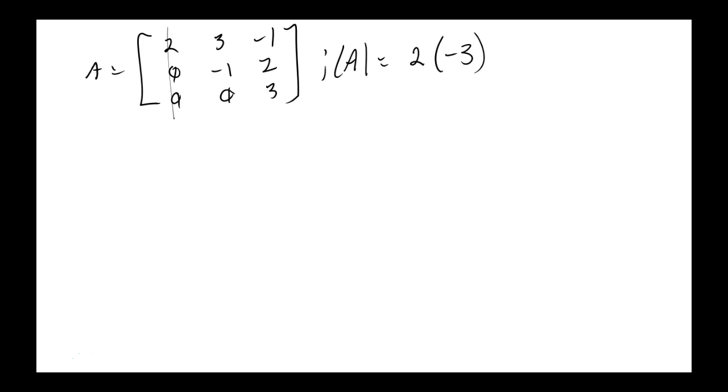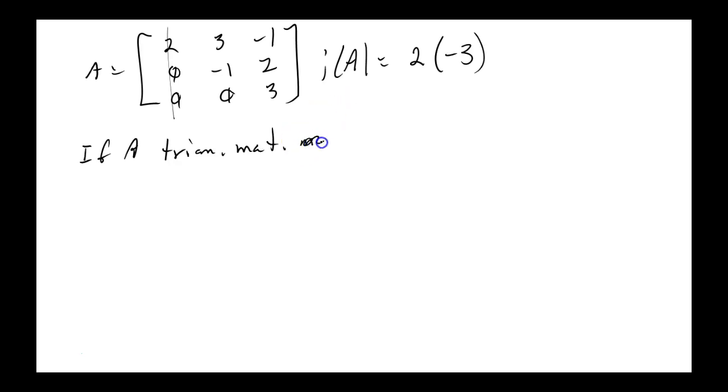So that leads to theorem 3.2. I think we've got room to write it here. If A is a triangular matrix, of course it has to be square, right?